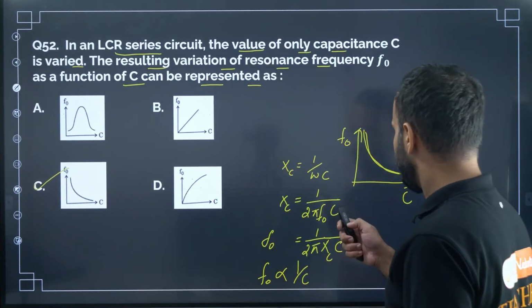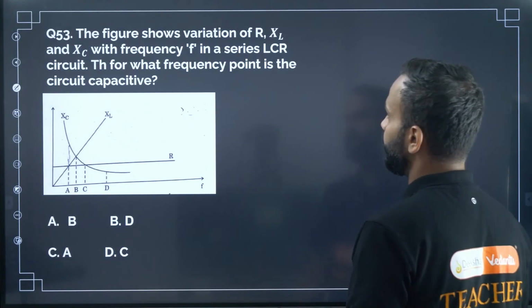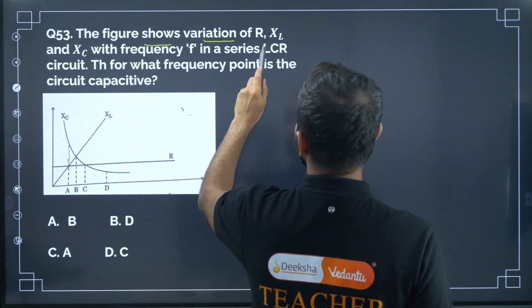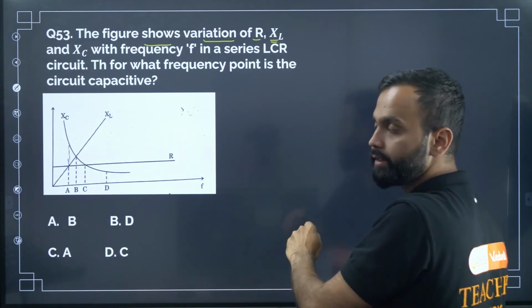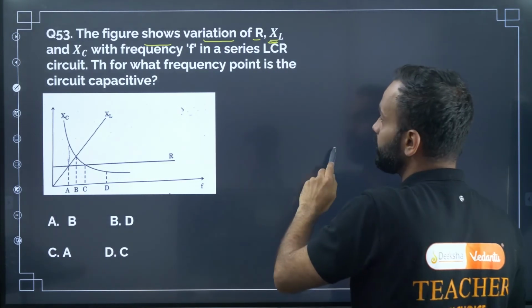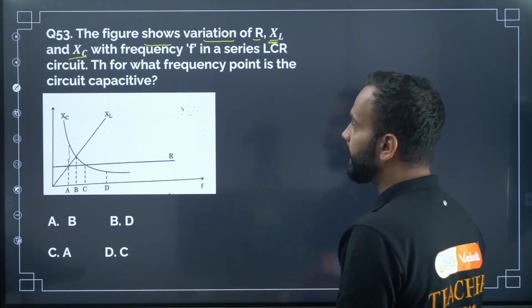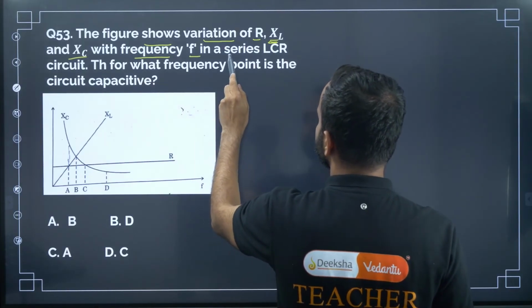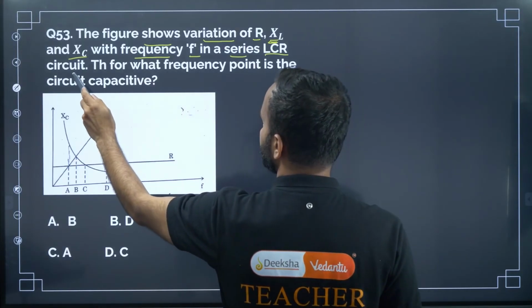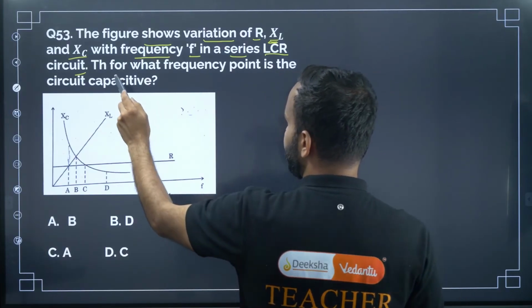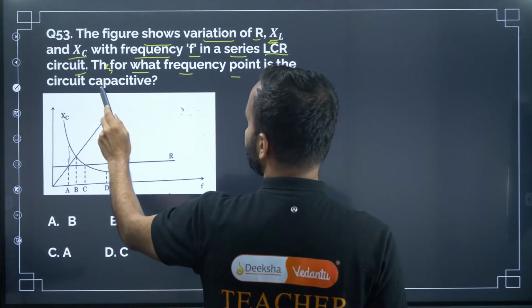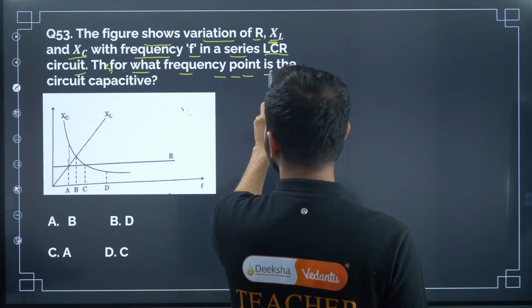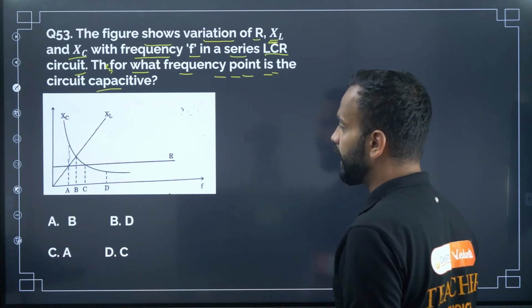Next question, question number 53. The figure shows variation of R, XL, and XC with frequency F in a series LCR circuit. R is resistance, XL is inductive reactance, and XC is capacitive reactance. At what frequency point is the circuit capacitive?